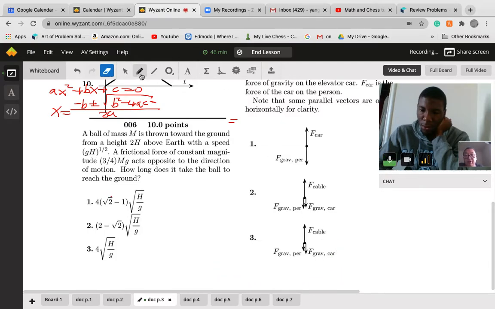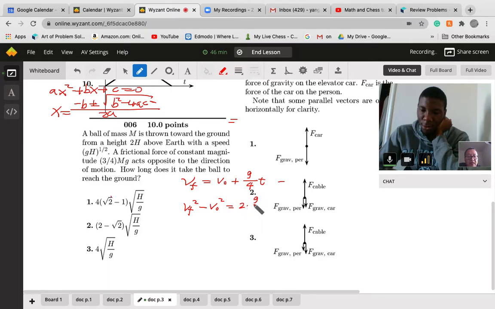This equation is vf equals v0 plus g over 4 times t. So this one, that's this. Then vf squared minus v0 squared equals 2 times a, that's g over 4, then times 2h. So this one equals gh.